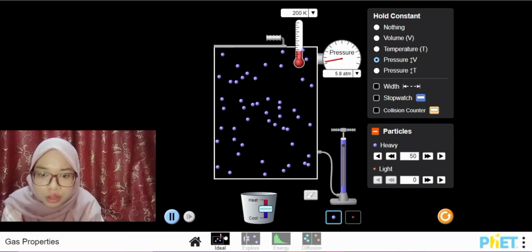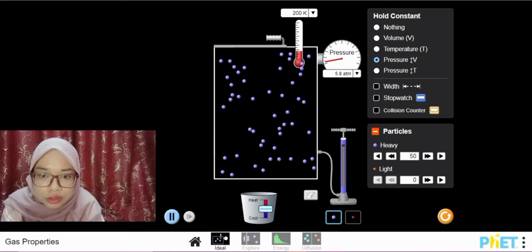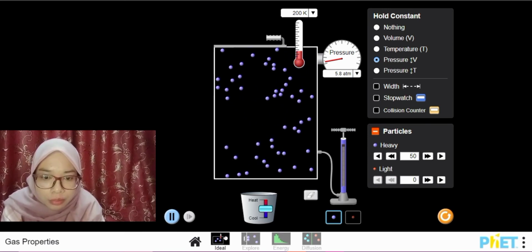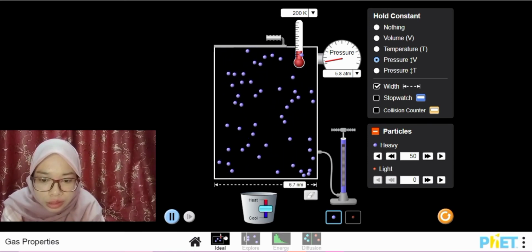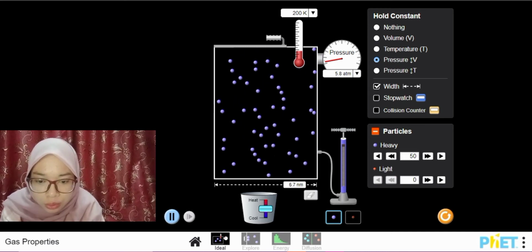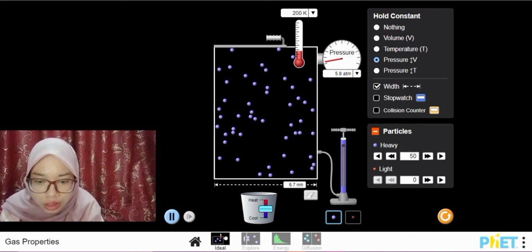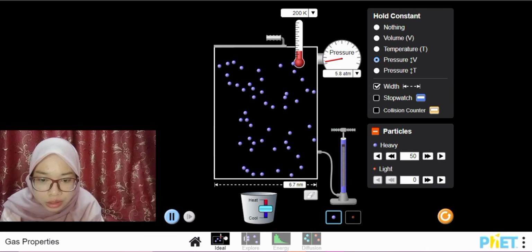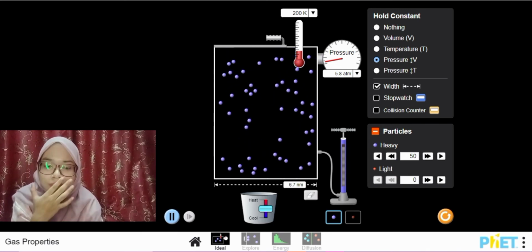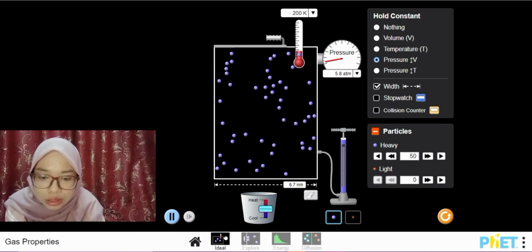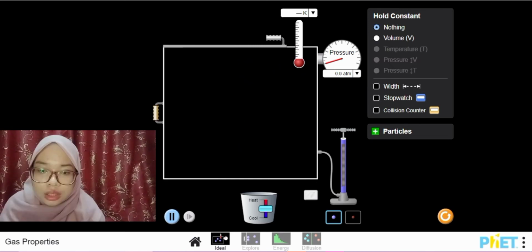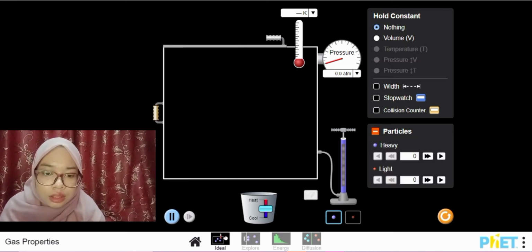Okay, after the temperature reaches 200 Kelvin, measure the weight of the container. The weight of the container that we get is 6.7 nanometer and record it in the table. Next, repeat the step using 300 Kelvin and 400 Kelvin temperature.